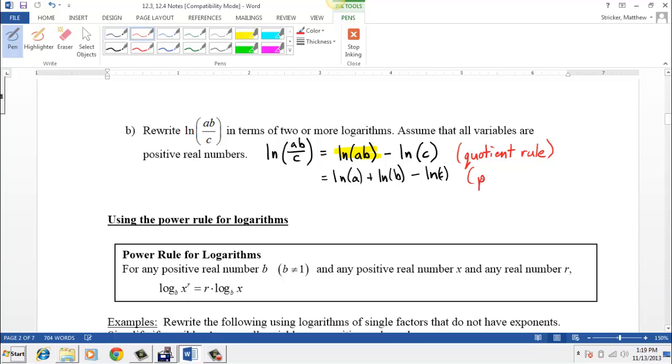Here we're applying the product rule. And so there you go. This is our simplified answer: ln of a plus ln of b minus ln of c.